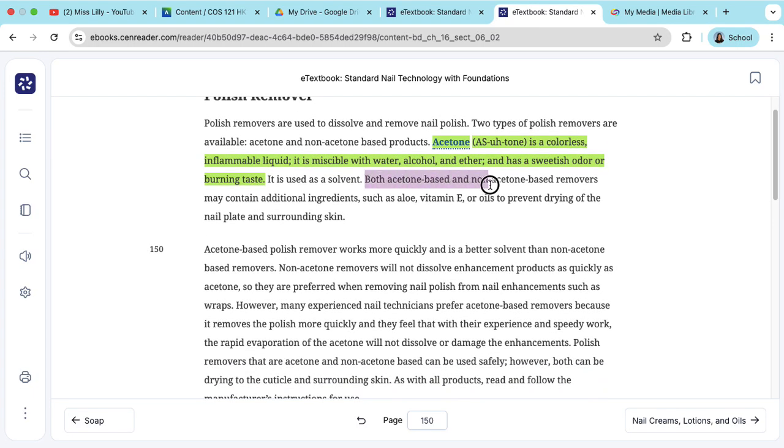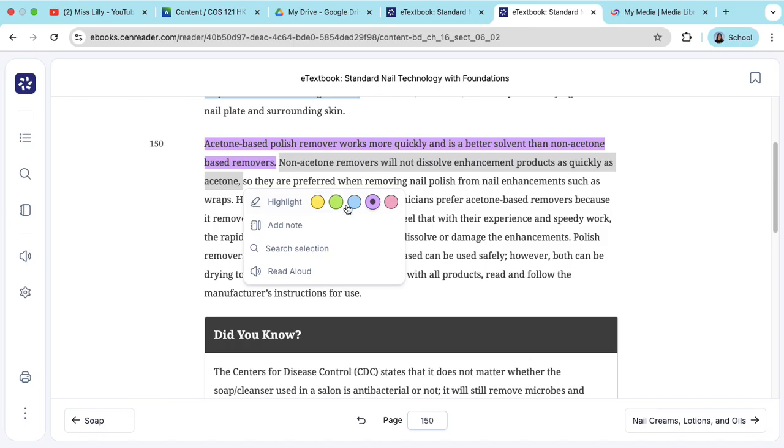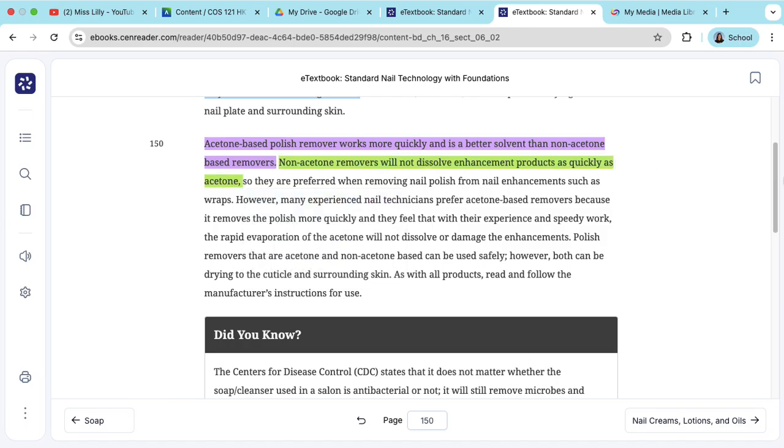Both acetone and non-acetone based removers may contain additional ingredients. Acetone-based polish remover works quicker and is a better solvent than non-acetone-based removers. Non-acetone removers will not dissolve enhancement products. So, for example, if I want to soak off my acrylic, non-acetone will not do that. You will have to use acetone.